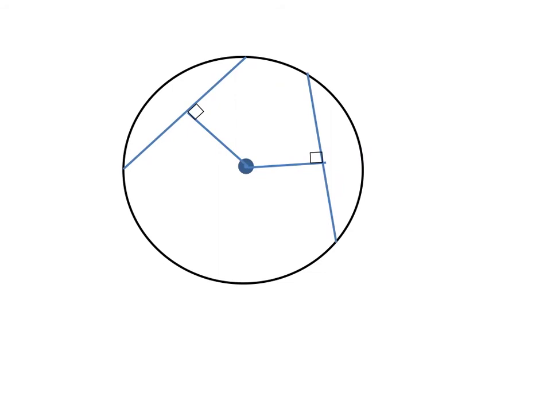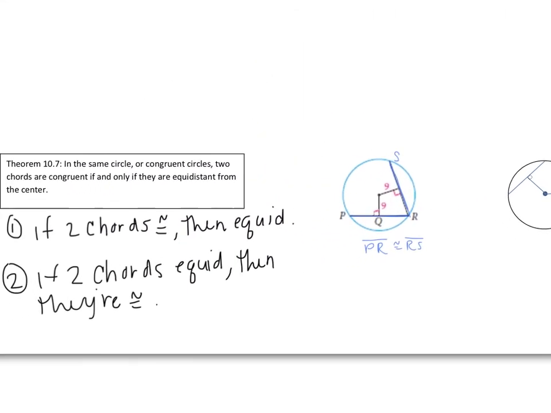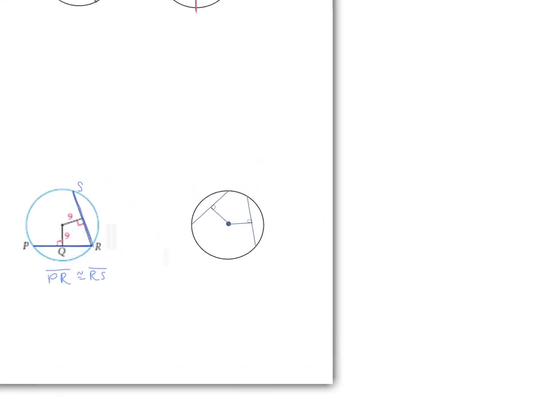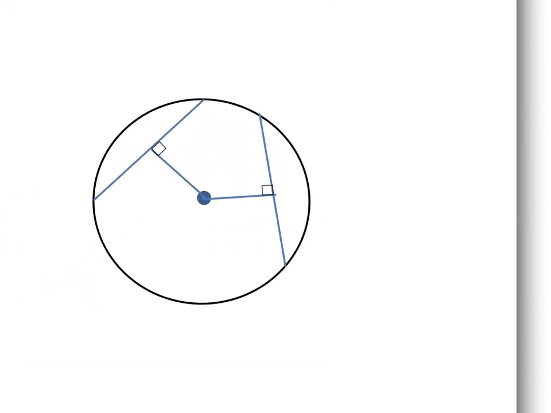And for this example, I'll give you that these two chords are congruent. I'll tell you that this chord is 10 units, and this chord is also 10 units.